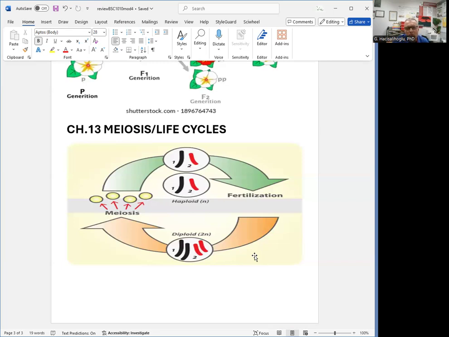The 4 daughter cells produced here are actually unique. They are not identical to each other, and they are not identical to the parents. So that's chapter 13. Keep studying.